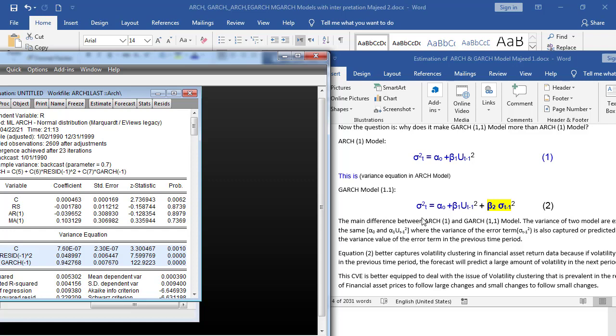Suppose you do not want to apply the GARCH model and only want to apply the ARCH model, then you apply the ARCH model first.